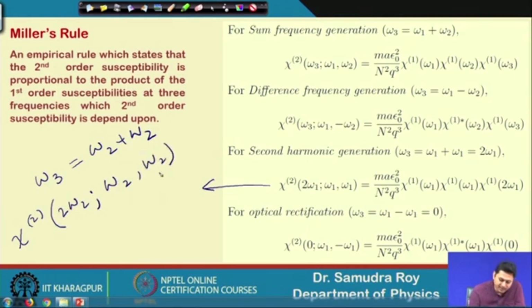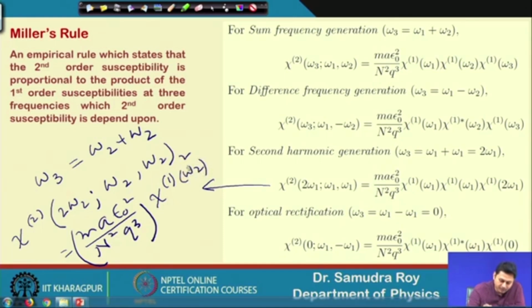On the right hand side I should write m a epsilon 0 squared divided by n squared q cubed, which is Miller's coefficient or Miller's constant, and then chi 1 at omega 2 squared, because there will be two terms like this, and then another term chi 1 at 2 omega 2. This is the thing.